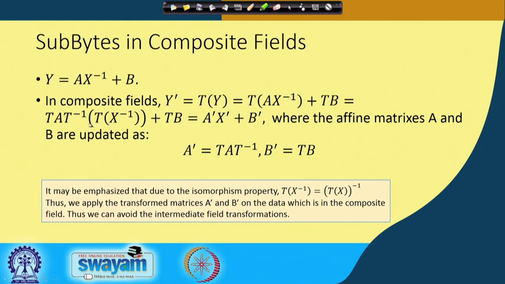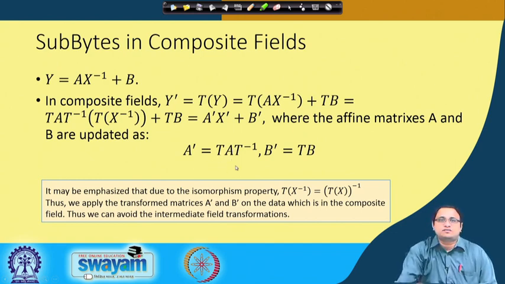Note that T^-1 with T is I, the identity matrix, plus T b. This T A T^-1 is what I call A', and this T applied on x^-1 is what is called x', and T b has been denoted as b'. Therefore, these are my transformed affine matrices: A' has been updated as T A T^-1 and b' has been updated as T b.